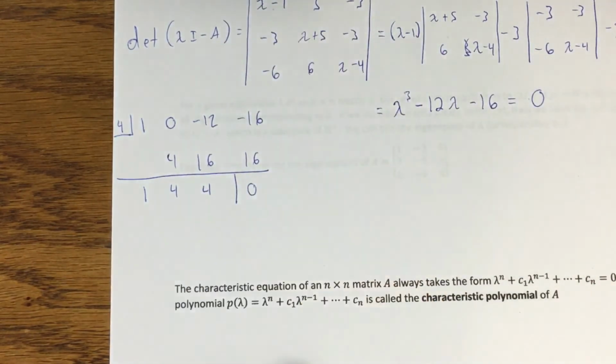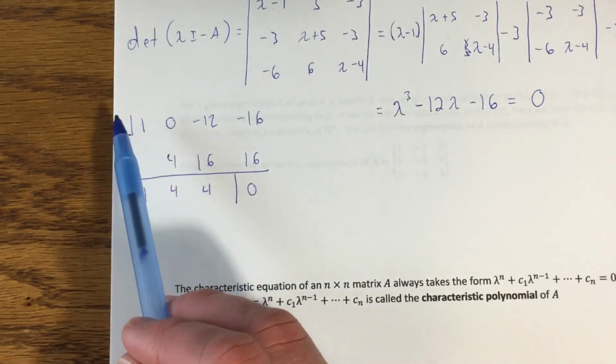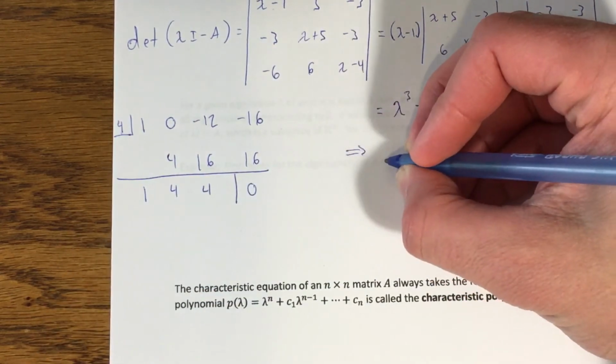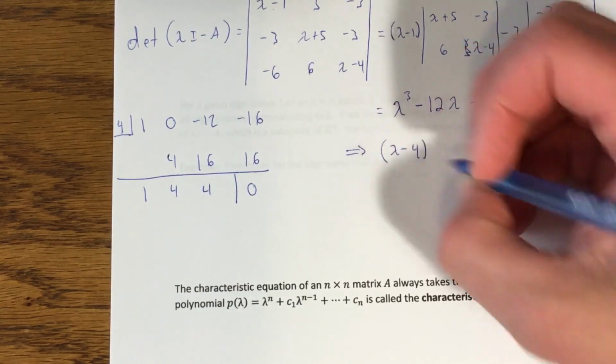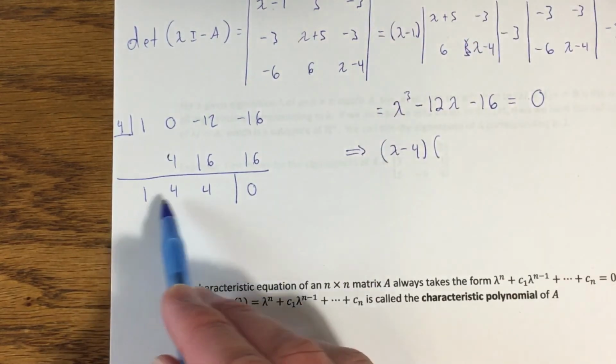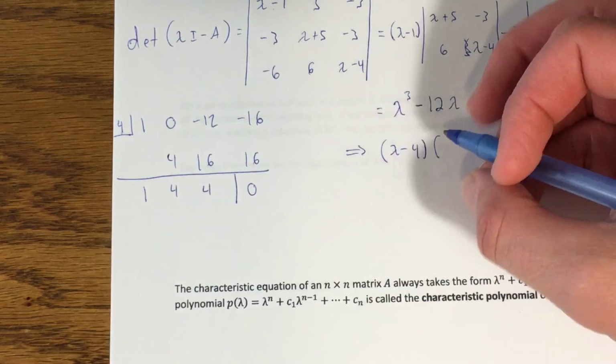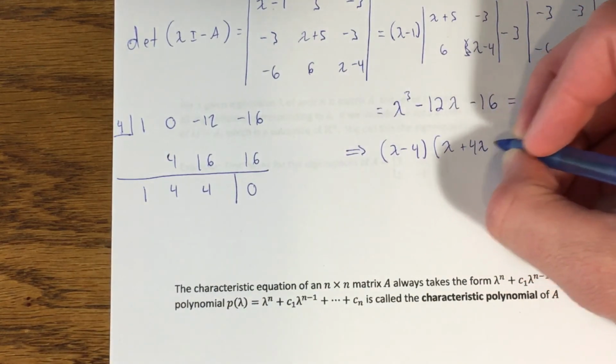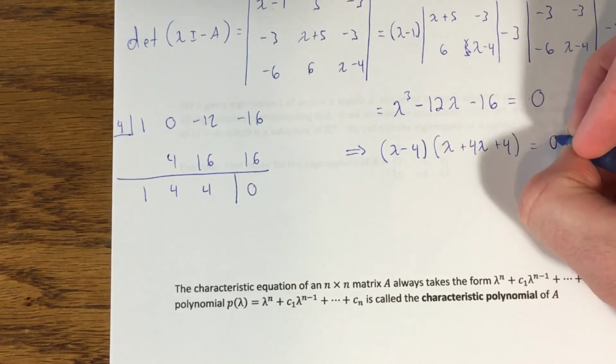The fact that I have a 0 here means that this thing has a factor of lambda minus 4. So lambda minus 4 times, now the coefficients here give me the quotient. That would be lambda squared plus 4 lambda plus 4 equals 0.